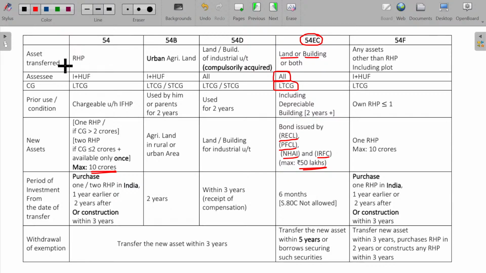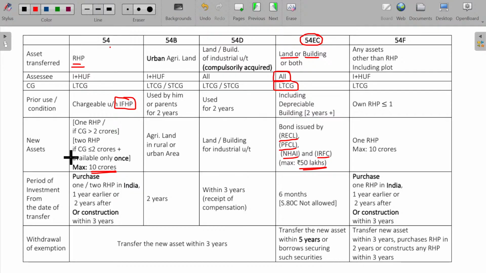Of course, in section 54, it should be residential house property, where that residential house property may be used by yourself, where self-occupancy also falls under income from house property, or let out for commercial or residential purpose. Then automatically it falls under section 24, income from house property. If I use the house property for my own business, it will not fall under income from house property, right?